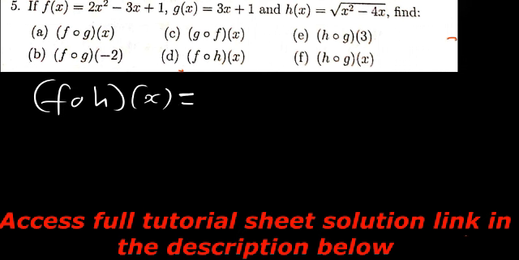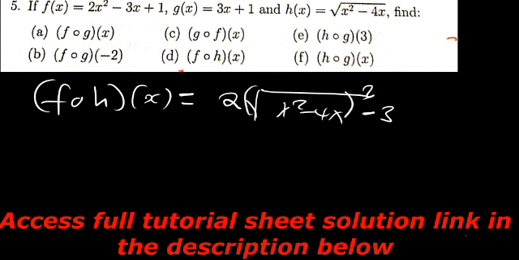So now that is going to be 2, where there is x we put this x squared minus 4x, then minus 3, but this has to be squared, let's not forget that. Then 3, then again root x squared minus 4x plus 1.